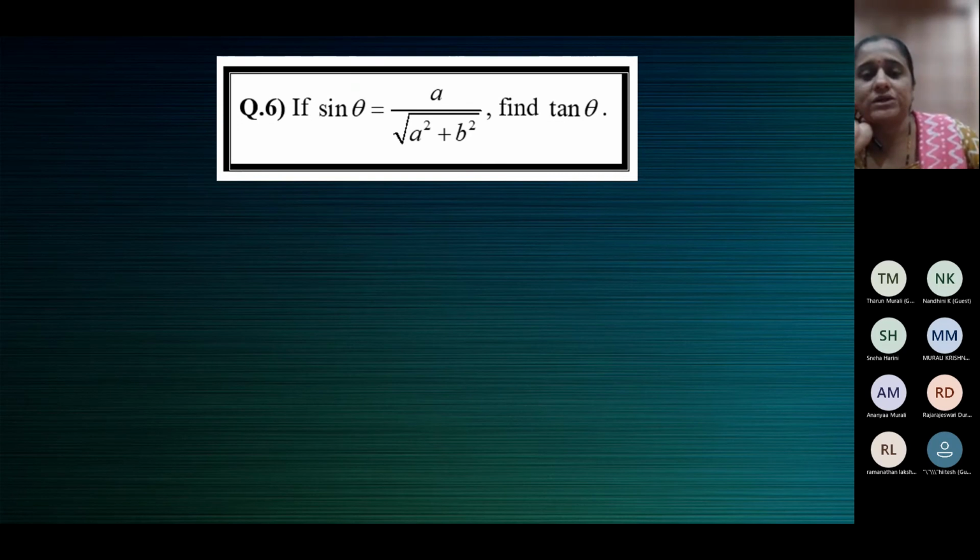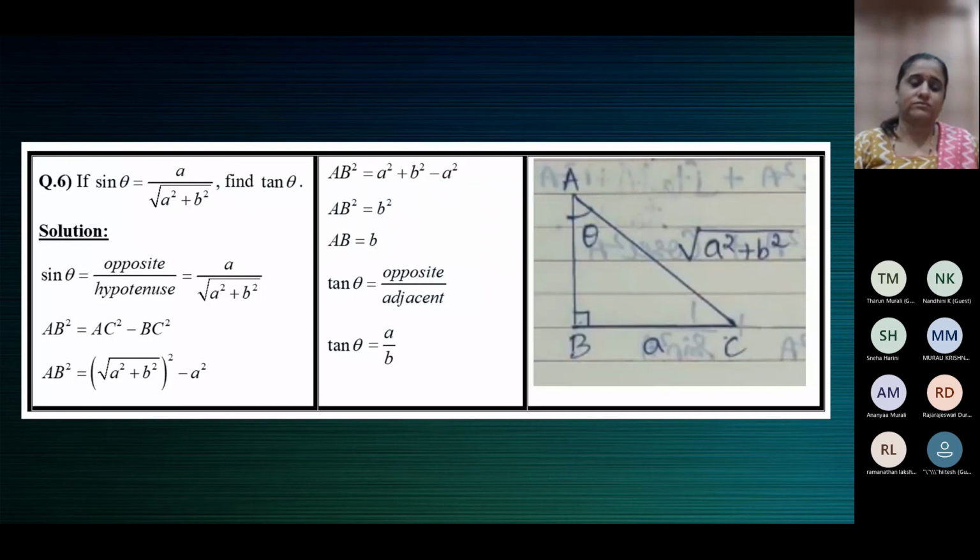So you can use this information on a right triangle, find the missing side, and find tan theta. So if you mark this as theta, this is the opposite side, and this is the hypotenuse because it's opposite of the right angle.